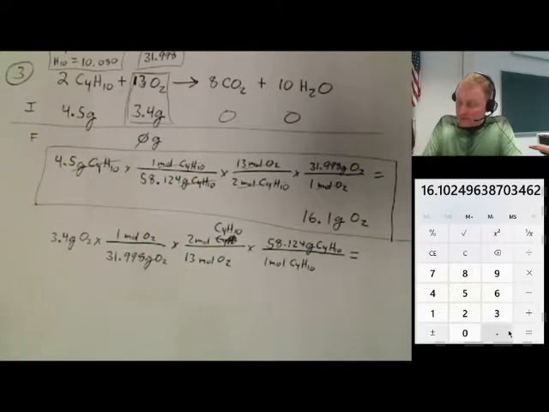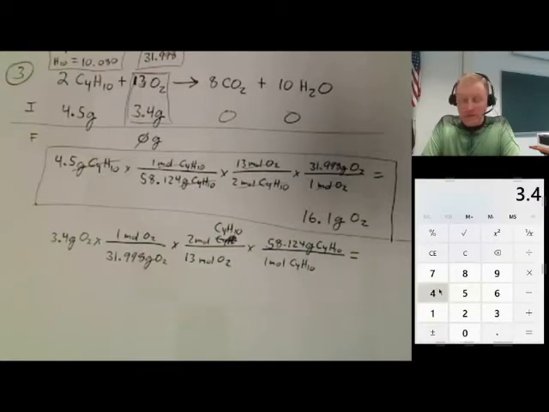So let's do this. Let's say 3.4 divided by 31.998 times 2 divided by 13 times 58.124.